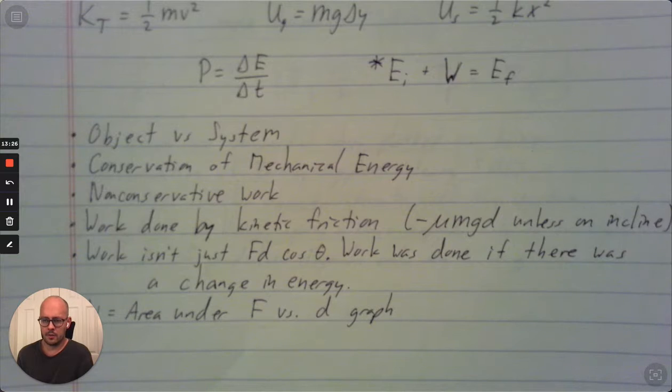And since it never really changed its initial or final speed, there was no change in kinetic energy. So you decreased the gravitational potential energy and didn't allow that potential energy to become anything else. And so that's an example of non-conservative work.